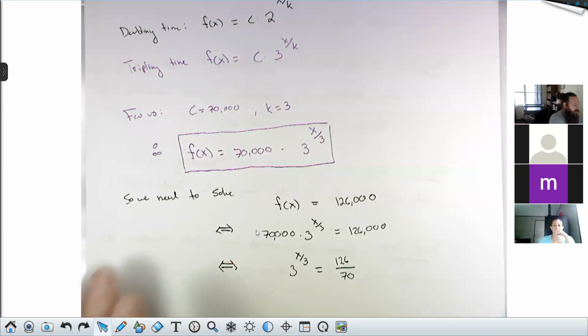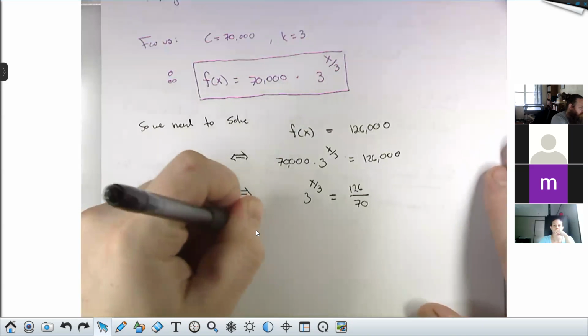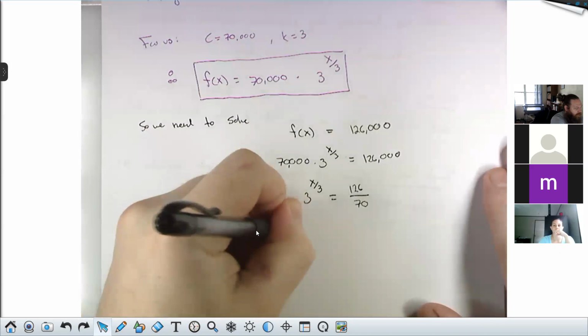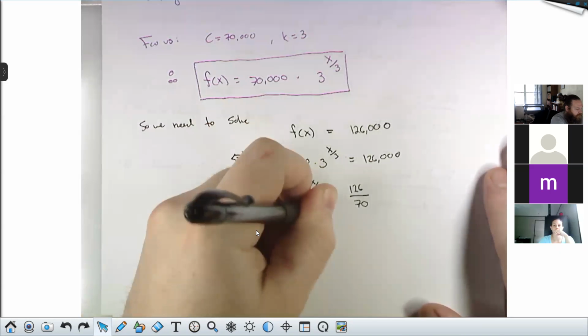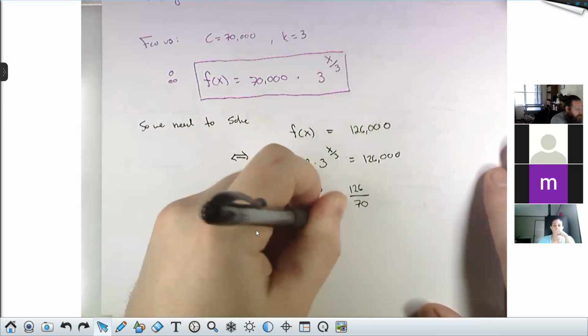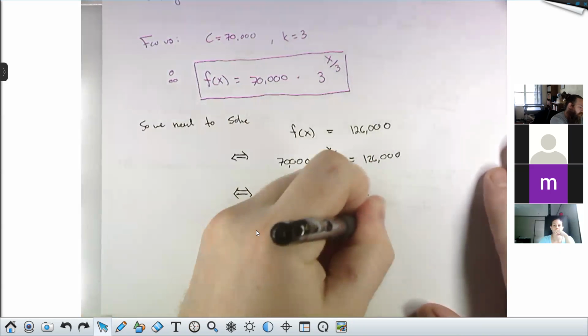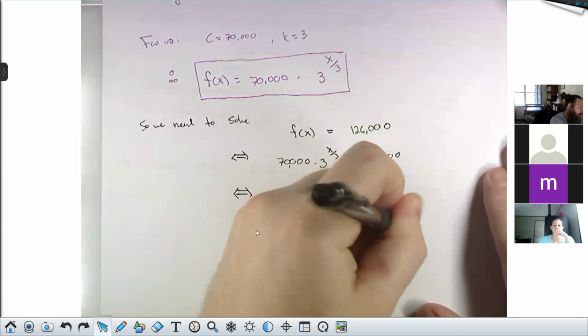Then we can take logarithms. And remember, the way we said to do this is really you should use the natural logarithm. It's the most natural way to proceed. So we're going to take ln of both sides. I'll have ln of 3 to the x over 3 equals the ln of 126 over 70.